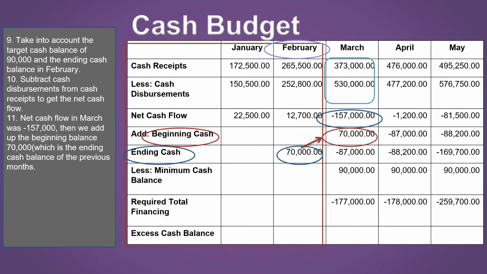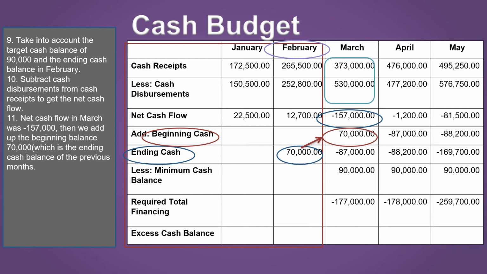So, you'll be able to see 70,000 in the beginning cash balance for the month of March, because that is the ending cash balance from the previous month, which is February. So meaning the ending cash balance for the month of March, which is negative 87,000, will become the beginning cash balance for the following month, which is April.